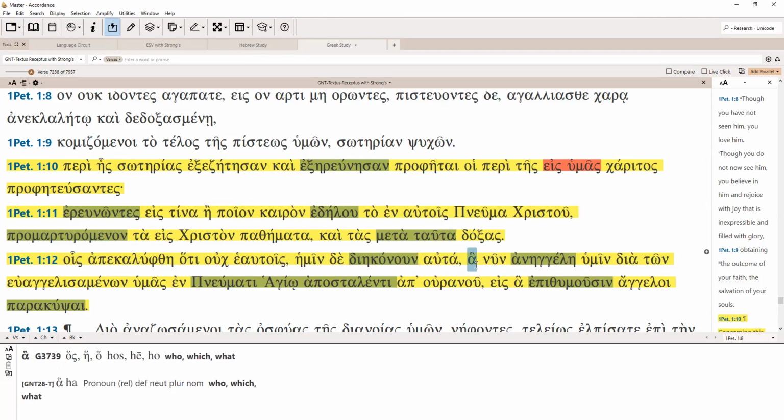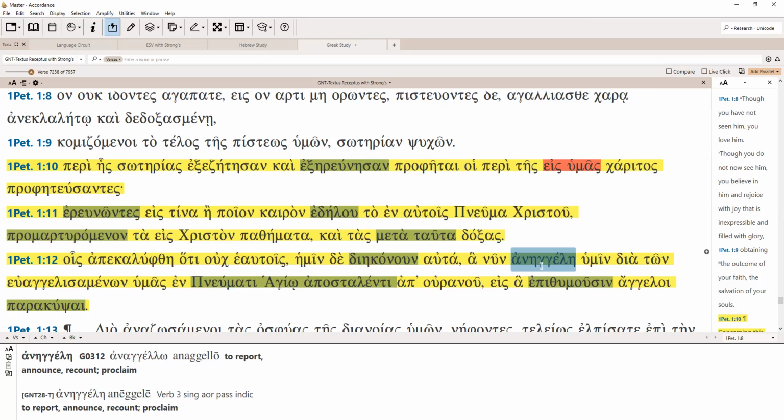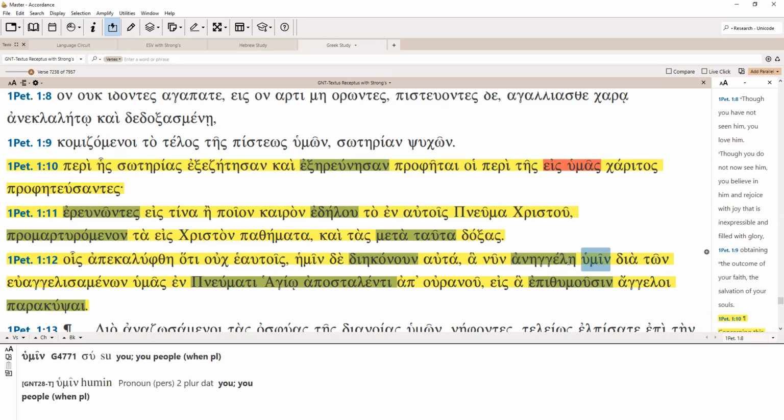And then we have hanun, anengele, which comes from the conjunction of ana, which is up, and angello, which is to send a message. If you put ana and angello together, we translate it as to report. So, which is now reported to you.